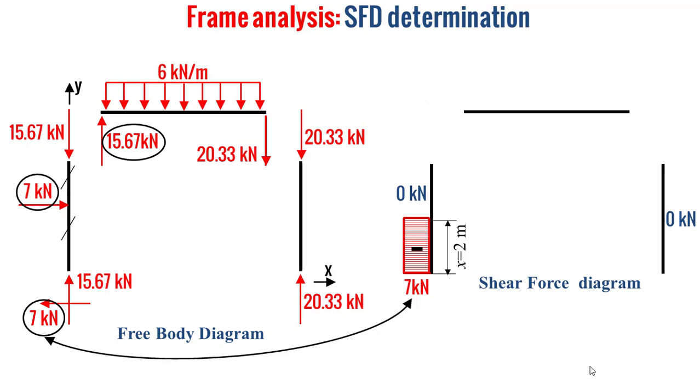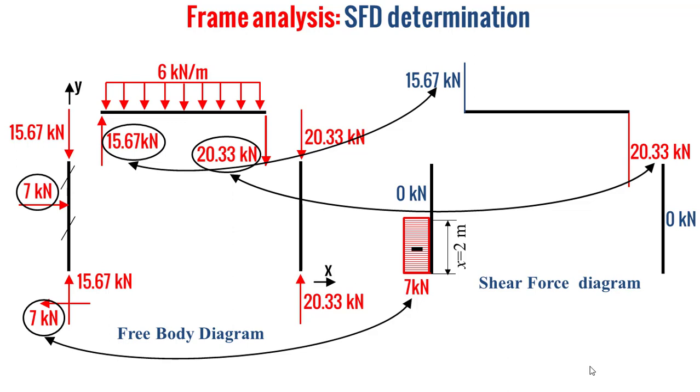This shear force will be placed in the left hand edge of the beam in the shear force diagram. And we have also shear force equal to minus 20.33 kilonewton applied at the right hand edge of the beam, which will be placed, of course, at the right hand edge of the beam.